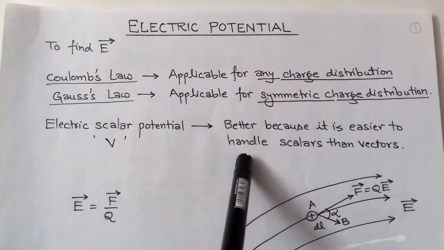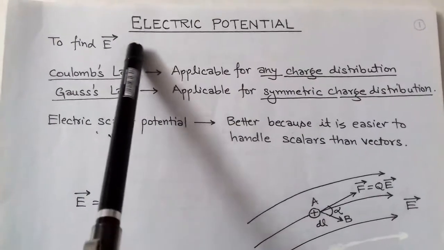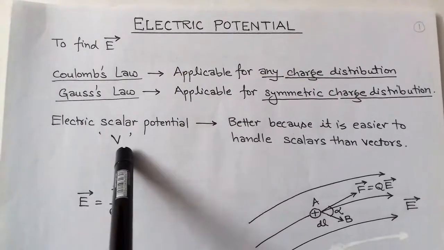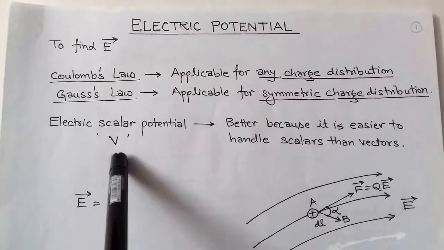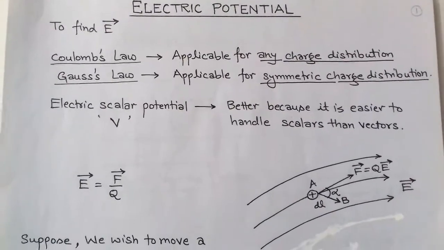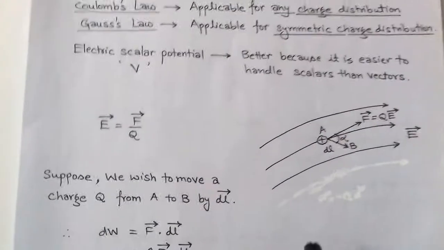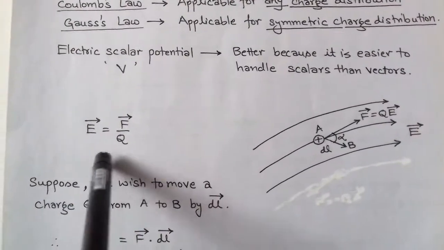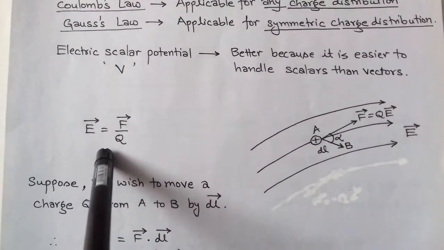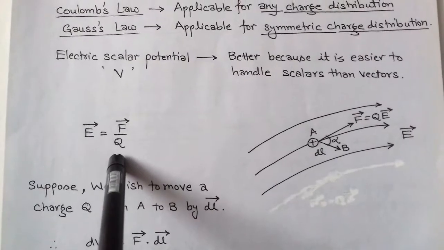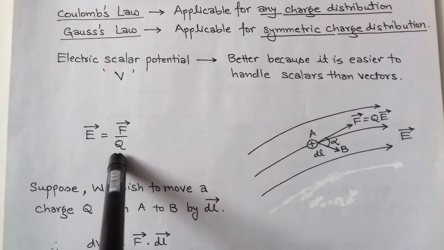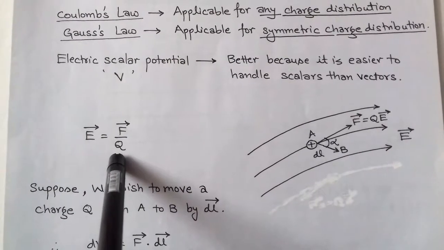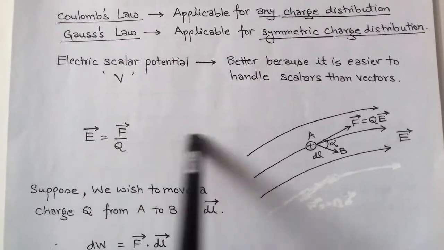So here we study a new concept, that is electric scalar potential, which is represented by capital V. Now, as we know, the electric field intensity is force per unit charge, that is force upon Q. Q is the charge.